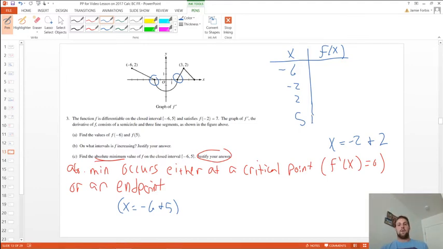We're going to use our formula from A and think about the area underneath the curve to figure out those values. But if you remember from A, we already found f of -6 and f of 5. We already found the endpoints. F of -6 was 3.